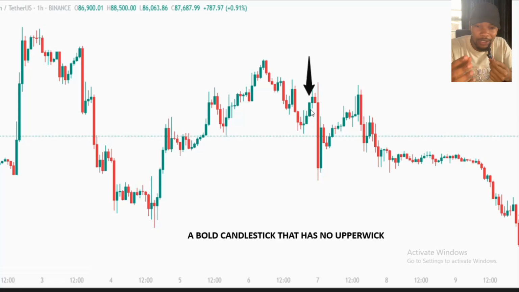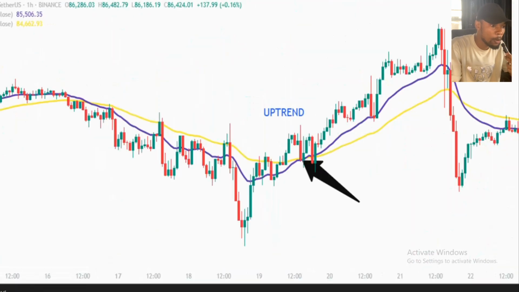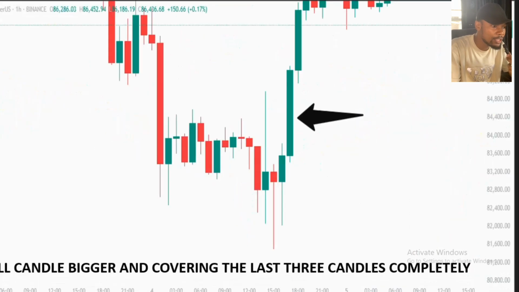So what I've just said is that, guys, you'll be looking out for where you check out for the crossovers, check out for an uptrend. Once you see the blue line crossing over the yellow line, then we'll check out for any of these signals.